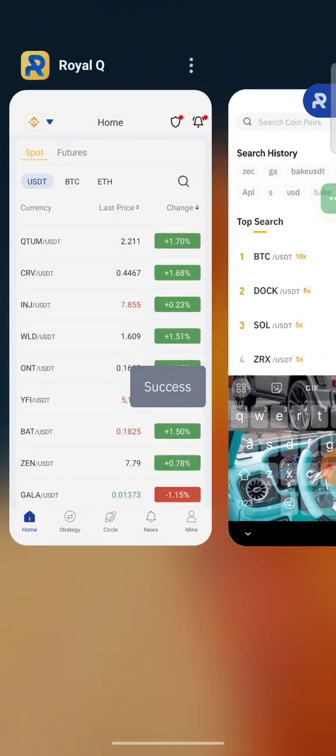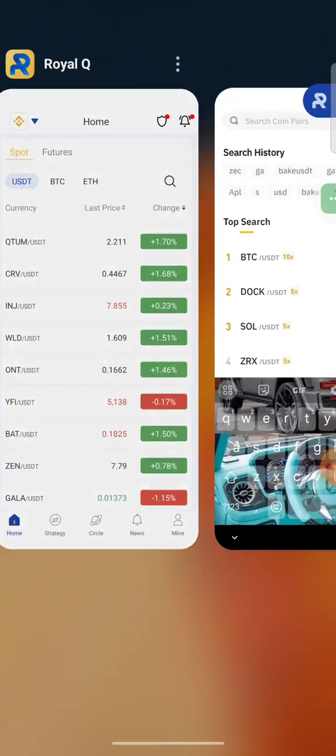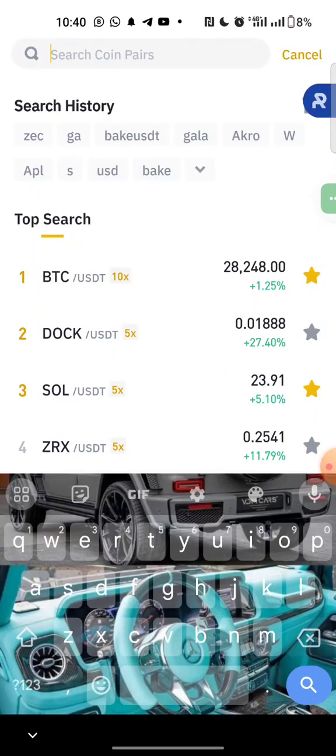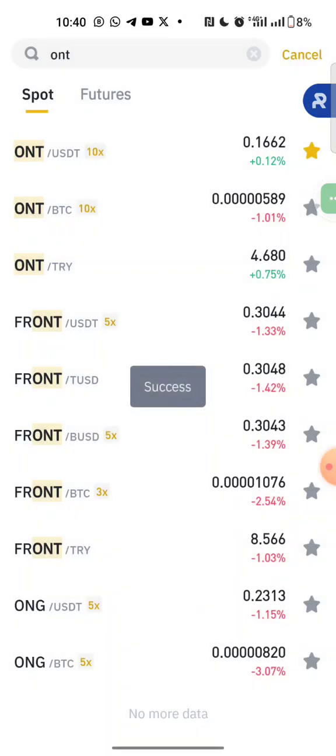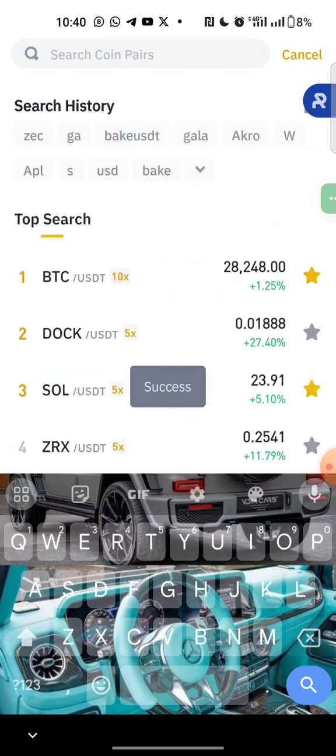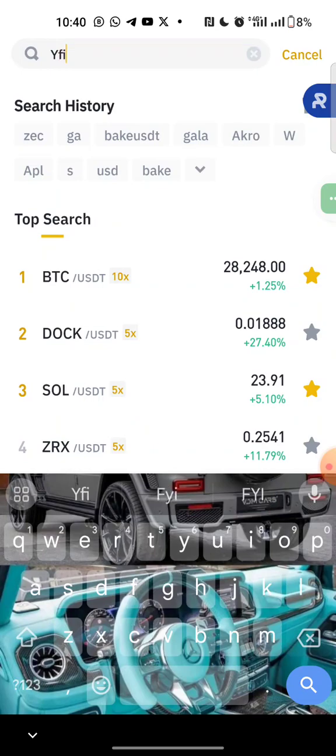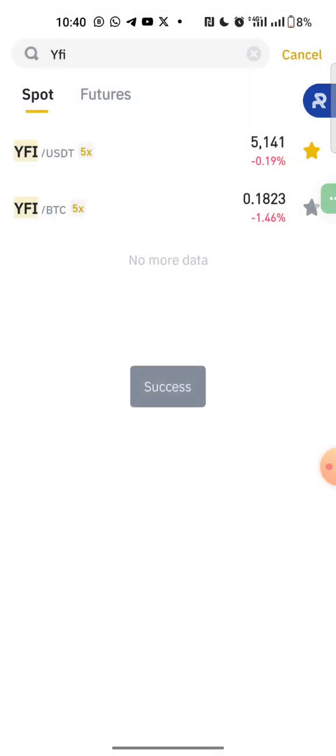Then we have ONT, YFI and BAT. ONT USDT. Then we have YFI.